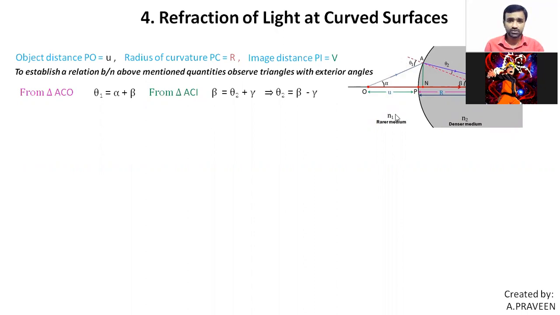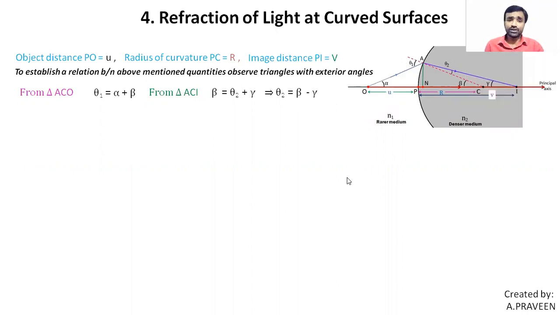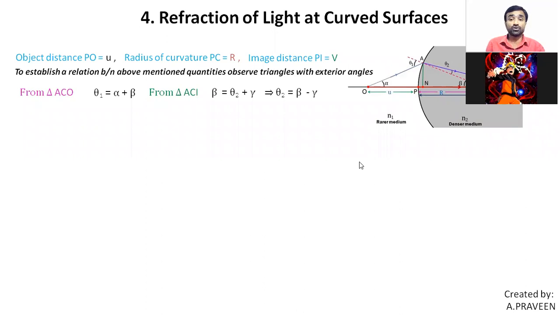So here I got theta 1 equal to, and theta 2 equal to. Can you establish the relation between angle of incidence and angle of refraction? According to your 9th class, there is one law which establishes the relation between angle of incidence and angle of refraction. Which law? Can anybody name that law? That is Snell's law. Very good.